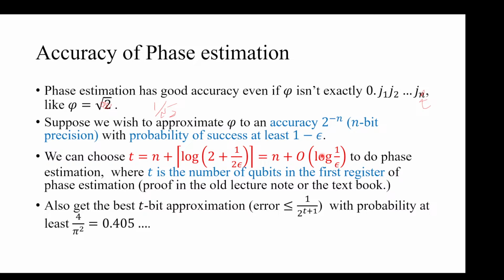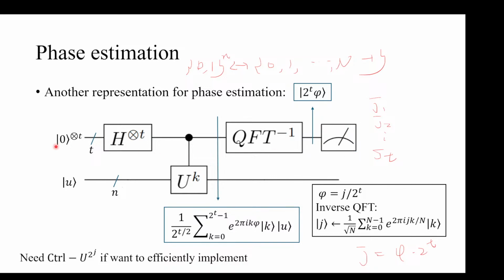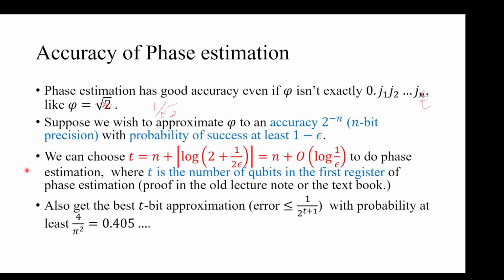So basically, if you want n-bit accuracy, you just need to run this circuit with n qubits, with a little extra if you want a smaller error epsilon. And t is the number of qubits in the first register of the phase estimation.